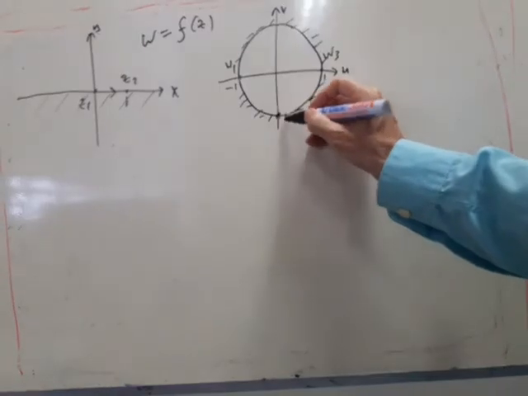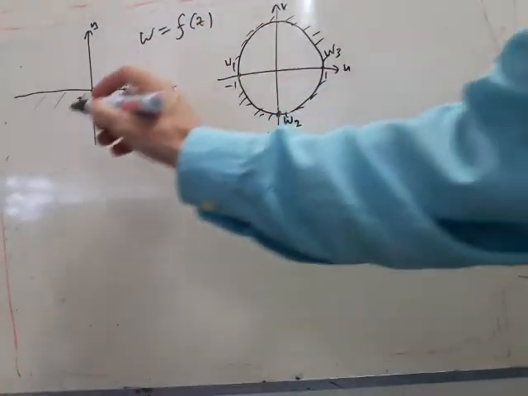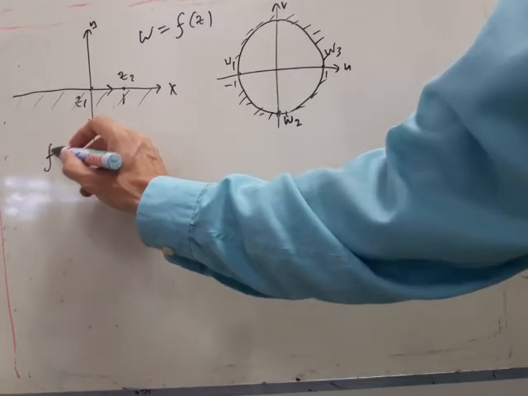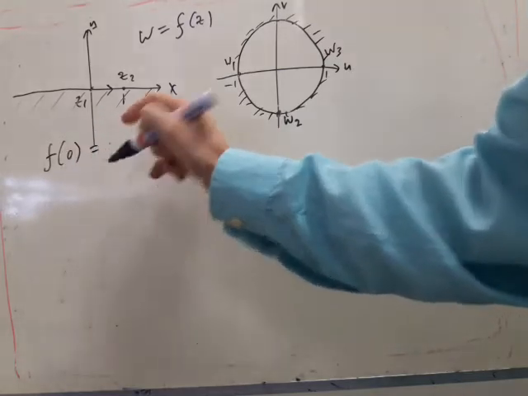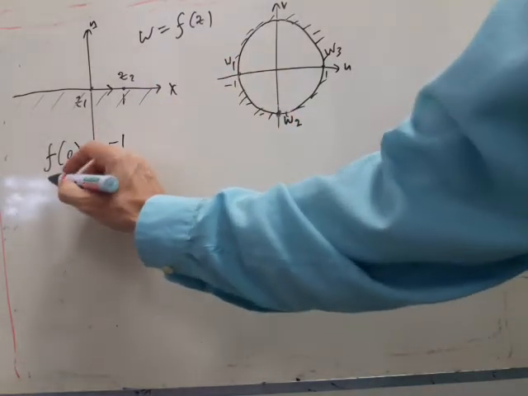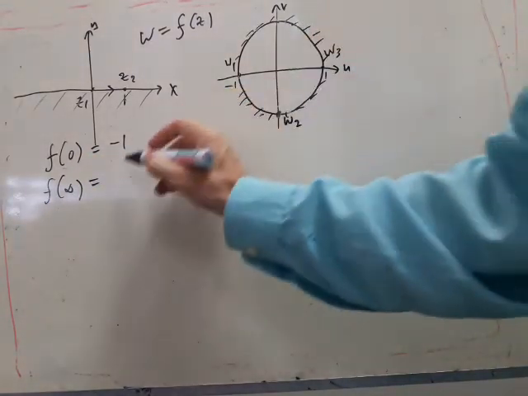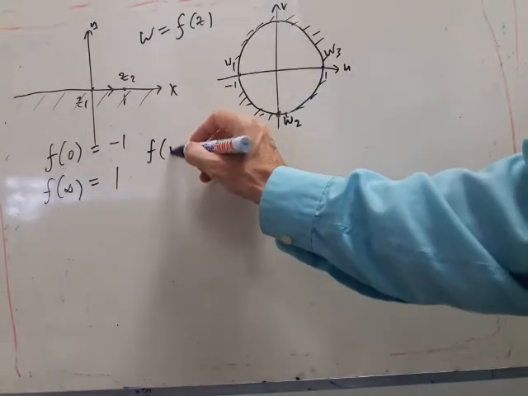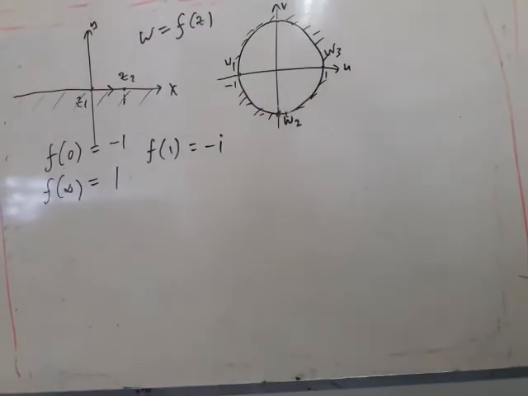So if I write everything out, f of 0 is -1, f of infinity is +1, and the one thing we just determined is that f of 1 needs to be -i.